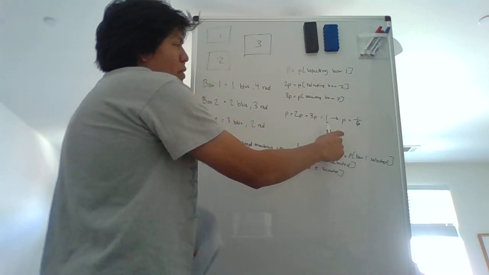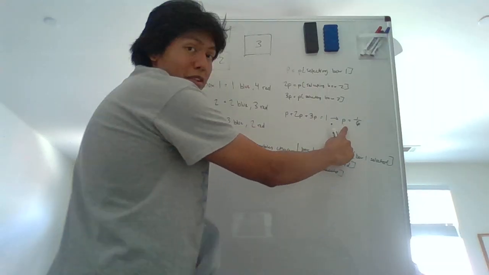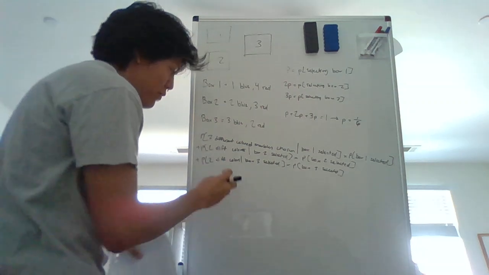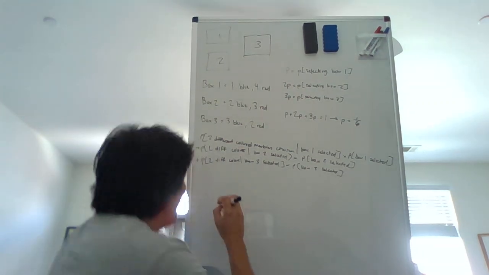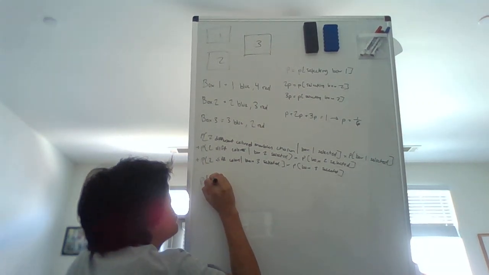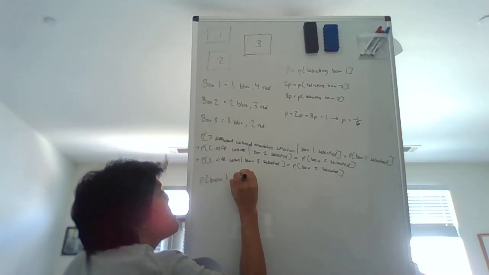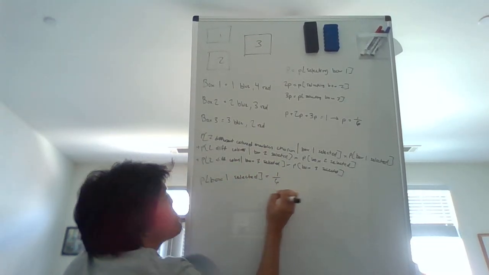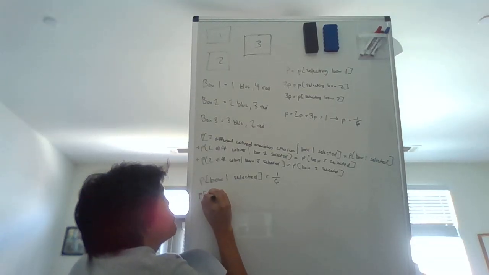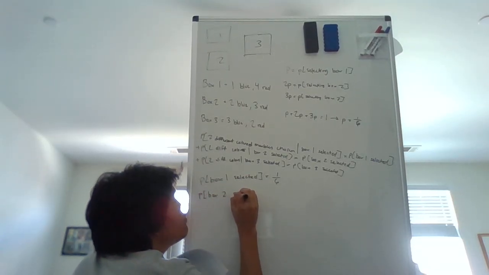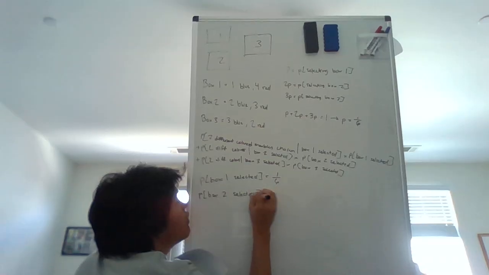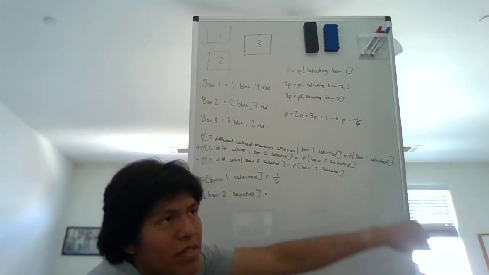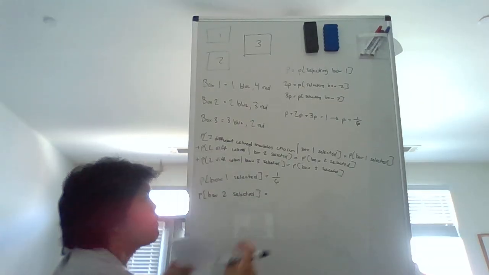So again, the probability that box 1 is selected, we already solved for that. That's 1/6. So I will maybe rewrite it down here. The probability of box 1 being selected is equal to 1/6. The probability of box 2 being selected is 2p. 2 times 1/6, 2/6, 1/3.